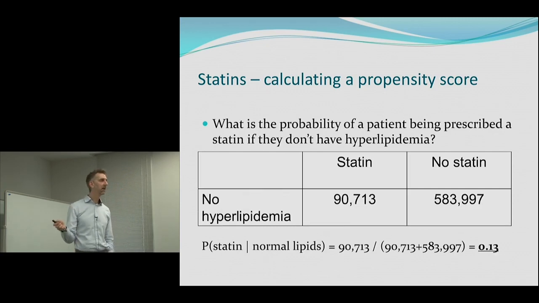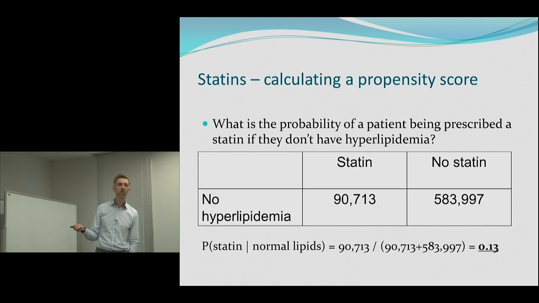We would then calculate at the same time, what's the probability of being prescribed a statin if you don't have high lipids? Because this is everybody else in the data set, yeah? We would do the same thing. We would calculate the probability of receiving a statin given that you've got normal lipids. The total number of people who have got normal lipids would be the denominator, and the numerator would be the total number of people with a statin and normal lipids.